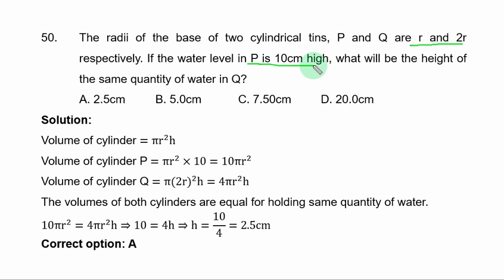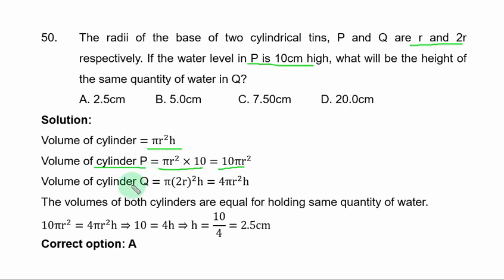Solution. Volume of a cylinder is equal to pi r squared h. So let's take cylinder P. Its radius is r and the height is 10. So you have pi r squared times height 10. That is 10 pi r squared.